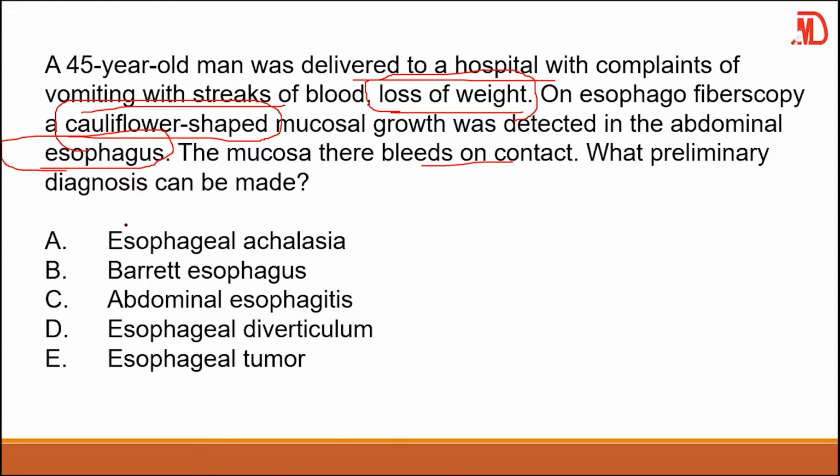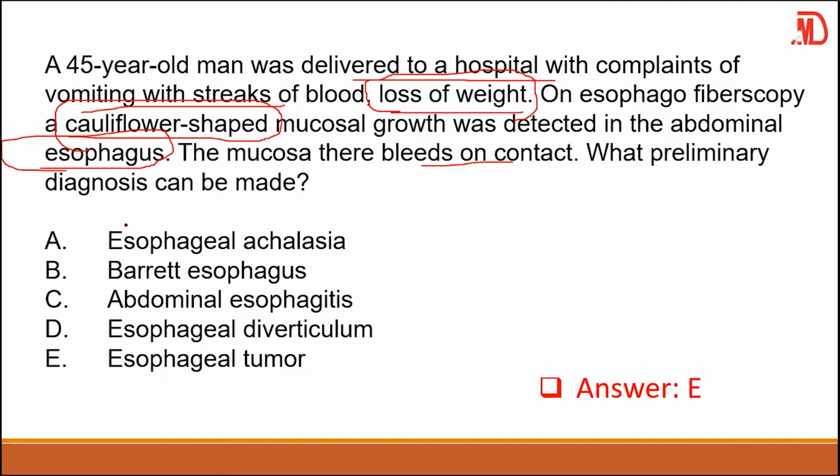Of course, over here we are definitely looking at a tumor of the esophagus, which, don't forget, not all tumors develop into a cancerous process. But definitely in this case, you might end up developing a cancer eventually.